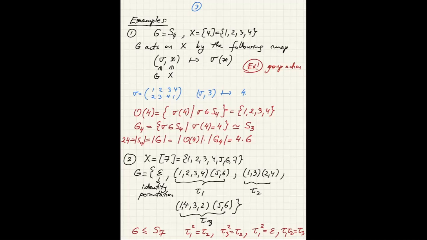I have a set X. Now I have to define an action, and the action is the same as before. G acts on X by, if I have sigma, an element in G, and x an element in X, this is mapped to sigma x, the value of the permutation sigma at the element x, which is in X. And as before, exercise: this is a bona fide group action.